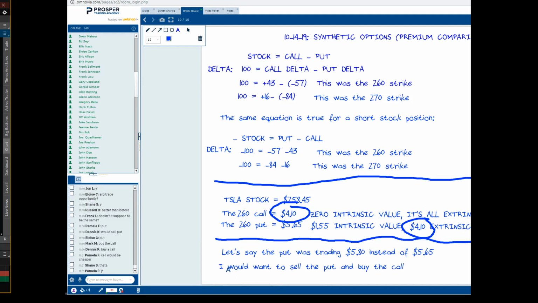However, if I just have a position that is short a put and long a call, okay, what is that equivalent to? Synthetically, what is that equivalent to?